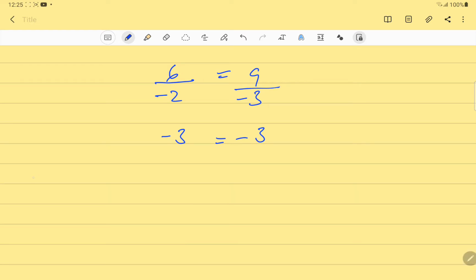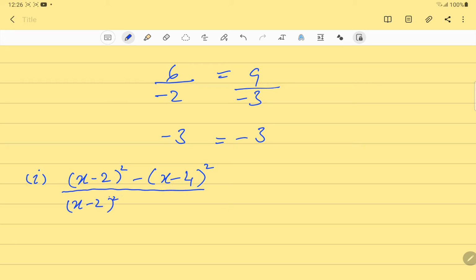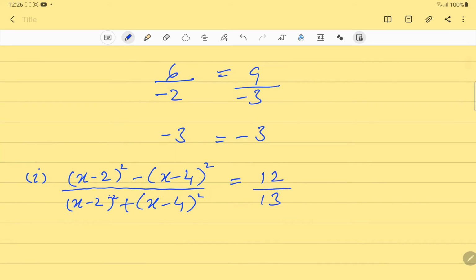Our first question is (x minus 2) squared minus (x minus 4) squared over (x minus 2) squared plus (x minus 4) squared is equal to 12 over 13.